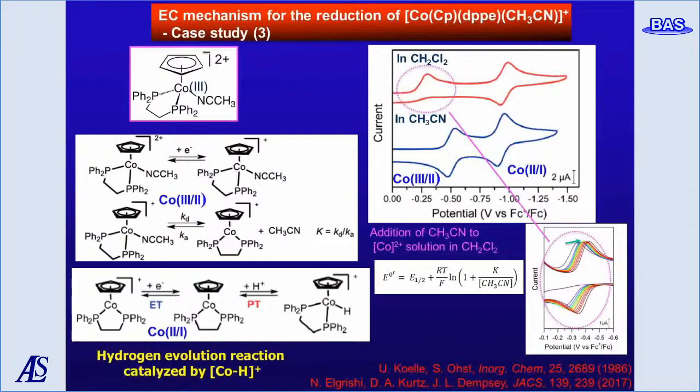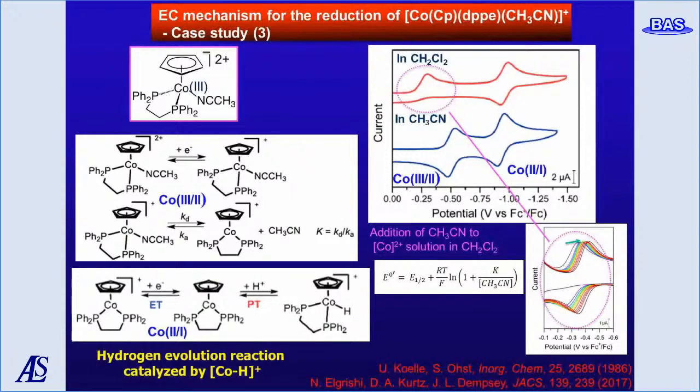However, in dichloromethane solution, there are two cathodic peaks, but the first wave becomes irreversible because the cobalt 3,2 reduction facilitates the dissociation of acetonitrile in dichloromethane solution.